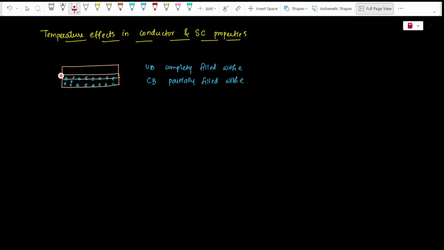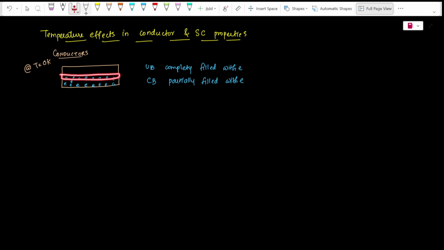Now, since in the conduction band there are some electrons, this is a scenario at temperature T equal to 0 and I'm talking about conductors. So at T equal to 0 Kelvin, even then there are some free electrons present.